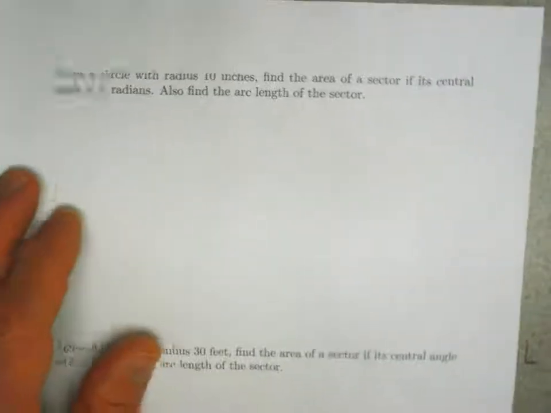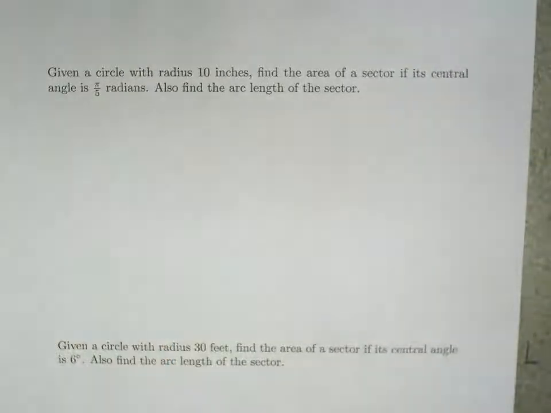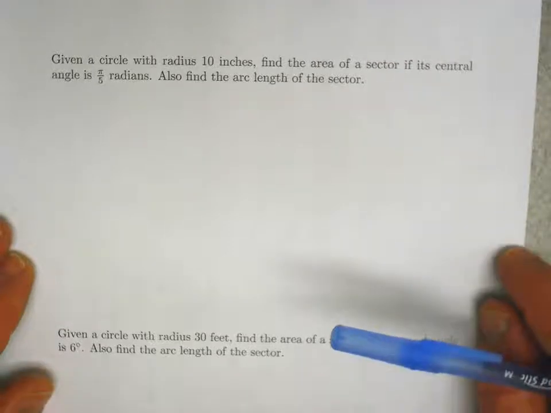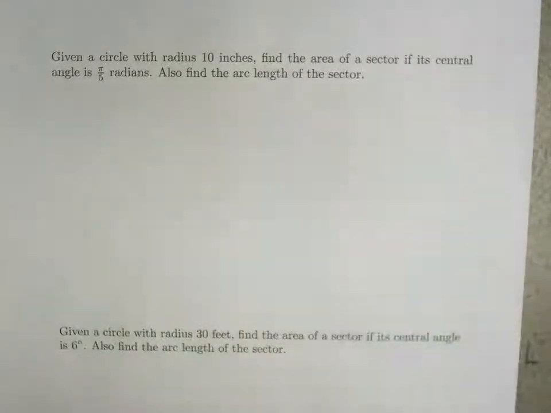Okay, another review problem. Given a circle with radius 10 inches, find the area of the sector if its central angle is pi over 5 radians.